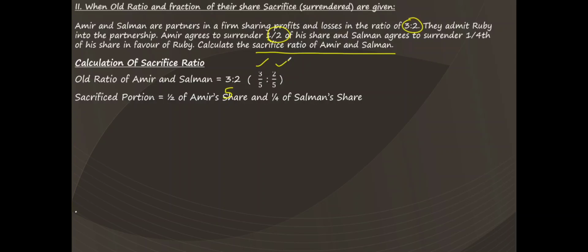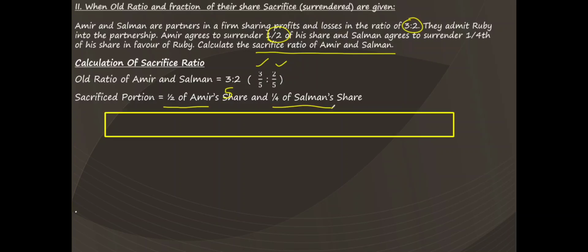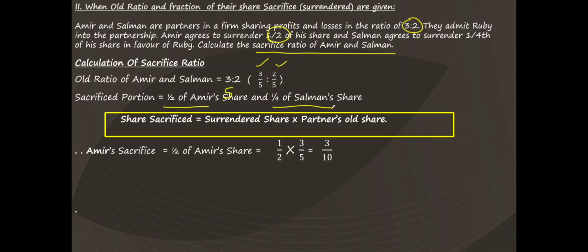Amir's sacrifice is 1 by 2 of his share and Salman's is 1 by 4 of his share. So here share sacrificed is equal to surrendered share into the partner's old share. Now let us see Amir's sacrifice. It is 1 by 2 of Amir's old share, so 1 by 2 into 3 by 5, which will be 3.